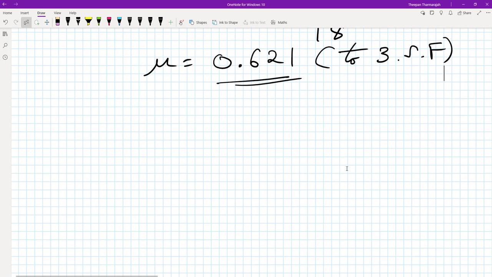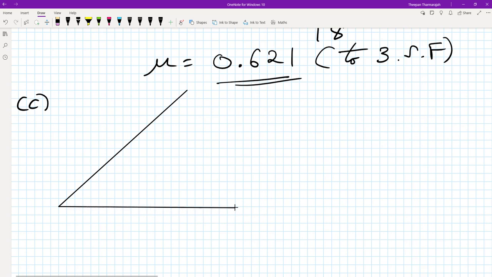So for part C here, let's draw a new diagram. Incline to the horizontal 30 degrees. We've got our particle.